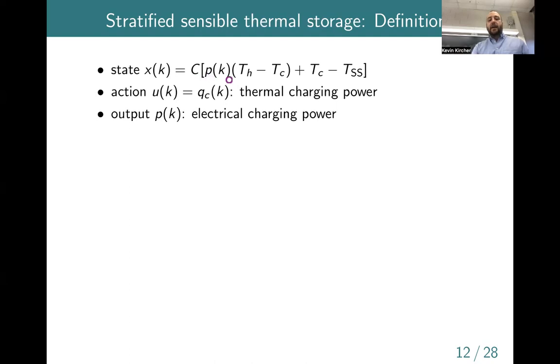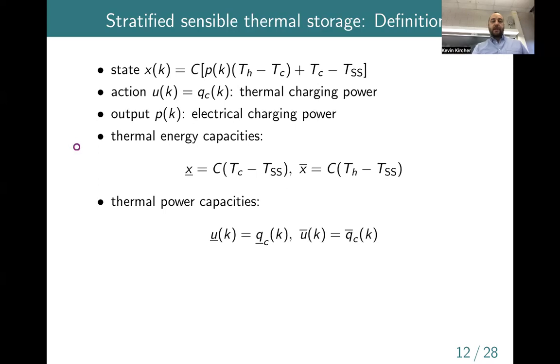Right, so it would be Y times some delta T, and then again we have this sort of benchmark or base temperature, I guess. And here SS just stands for stratified sensible. And then the thermal capacities are defined quite similarly.